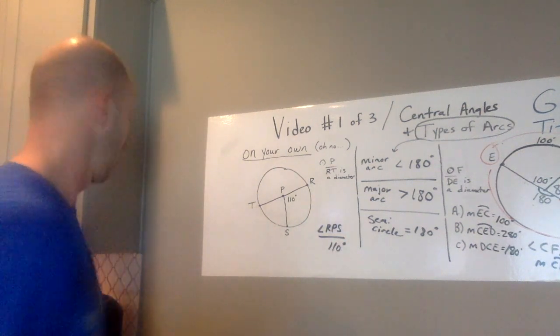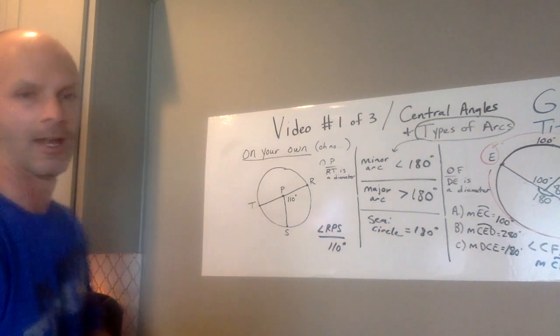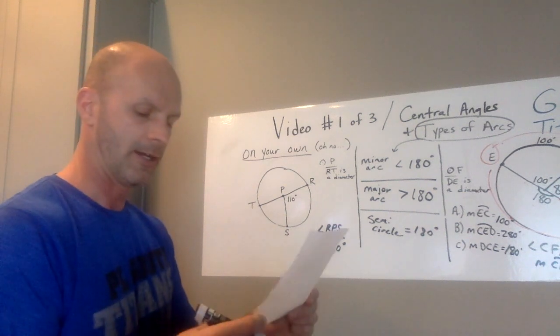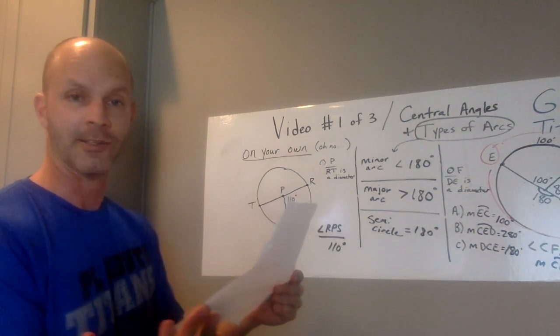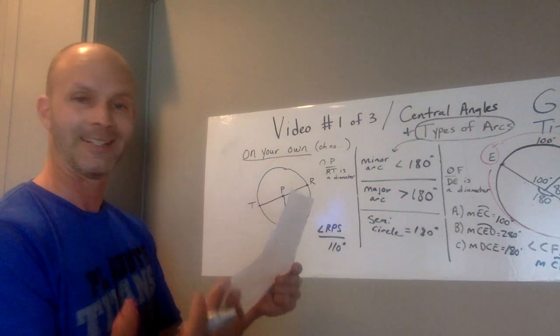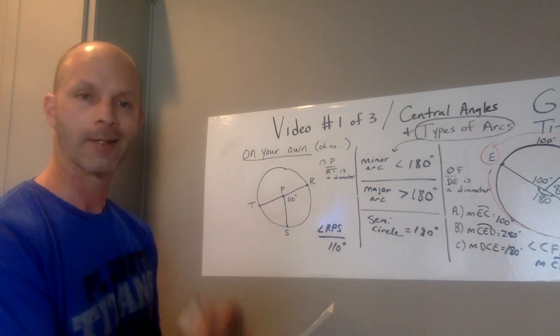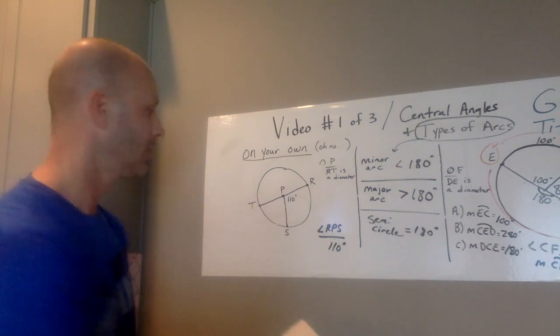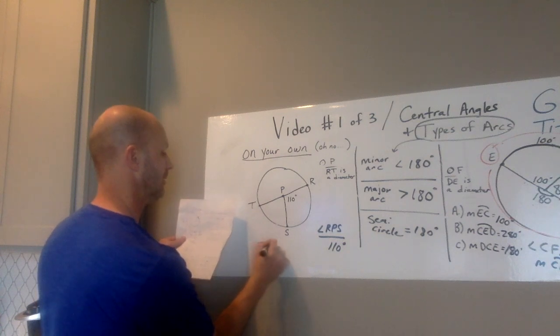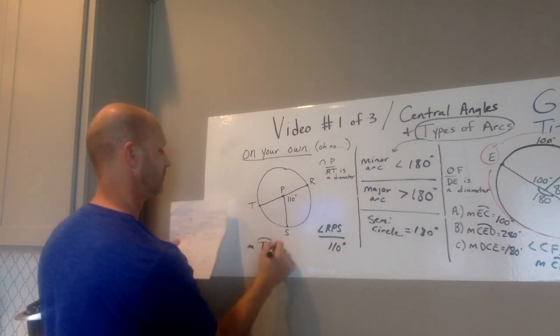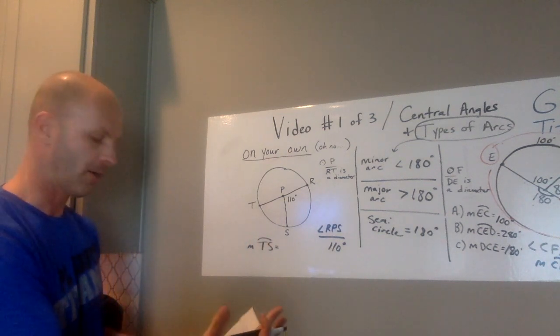RPS is 110. So what do I need you guys to tell me on this one? Here's what I'm looking for. I want to know what is the measure of arc TS and what type of an arc it is.